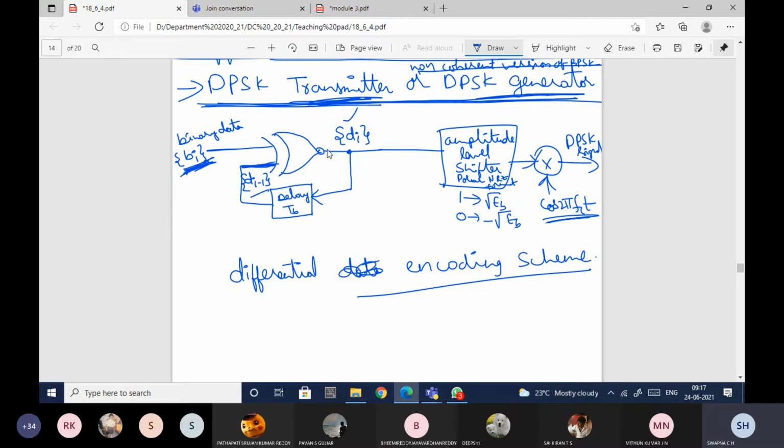And if you observe, this is nothing but the XNOR gate. Generally the XNOR gate will be in this way. A and B are the inputs.